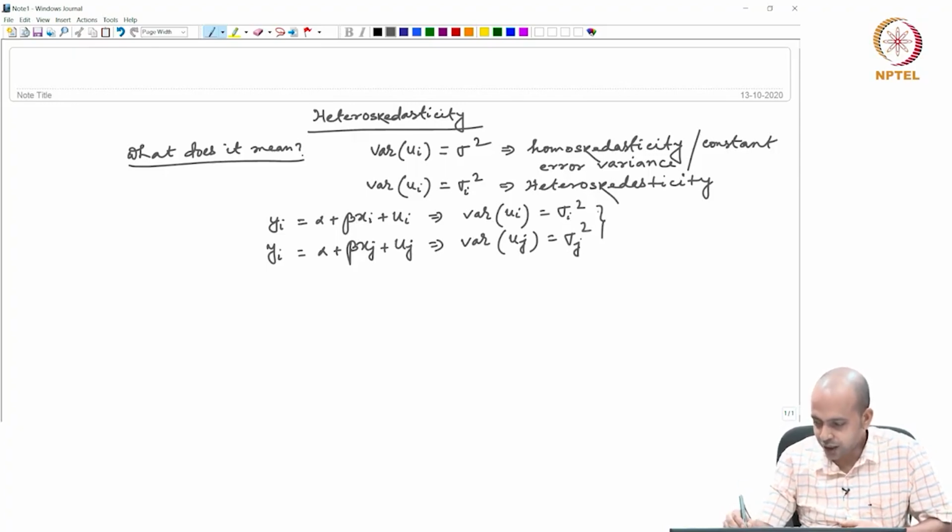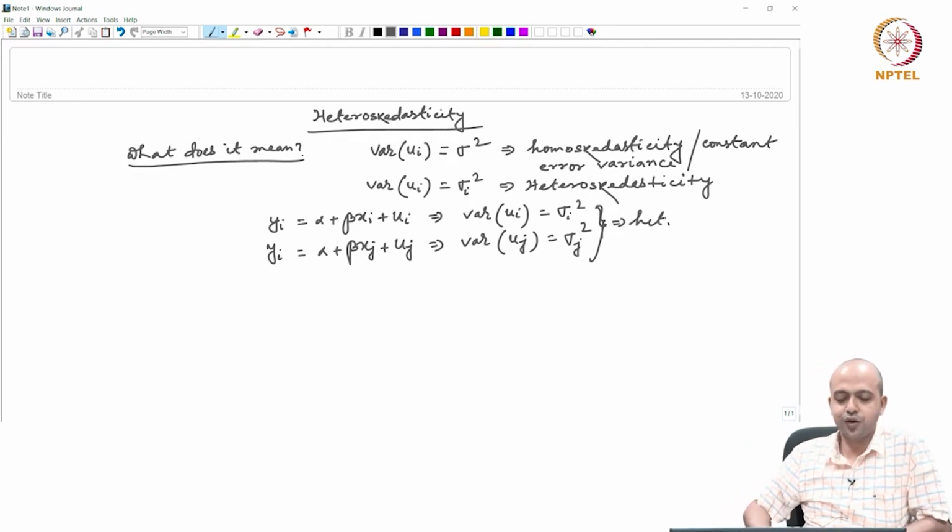Okay. And that is actually called heteroscedasticity. Okay, that is the meaning.